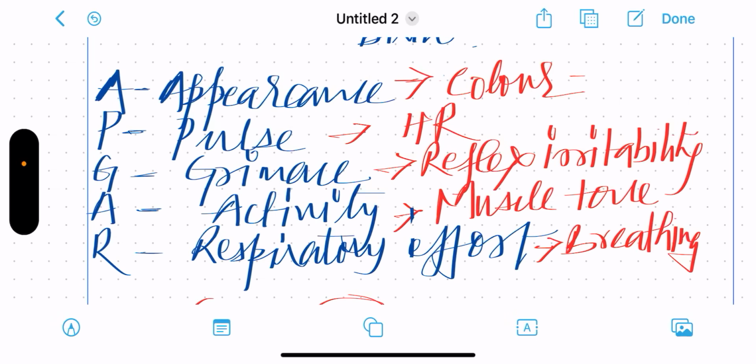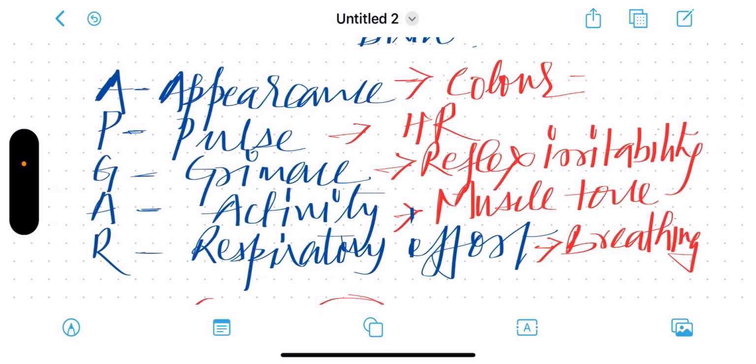We will assess in reflex irritability whether the child is responding and having a strong cry towards the pain of the pinch, or whether the child is just making a fussy face and fussy expression towards the stimulus that you have given to the child, or the child is showing no response to the stimulation.